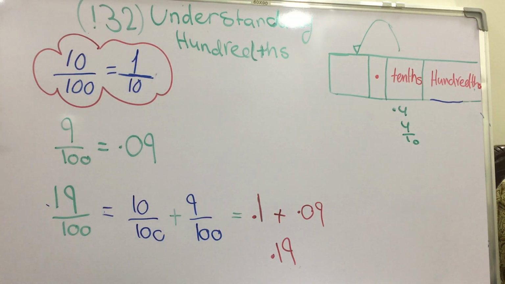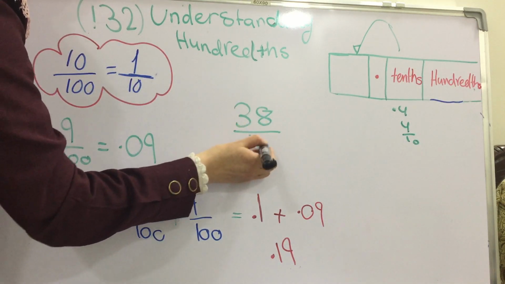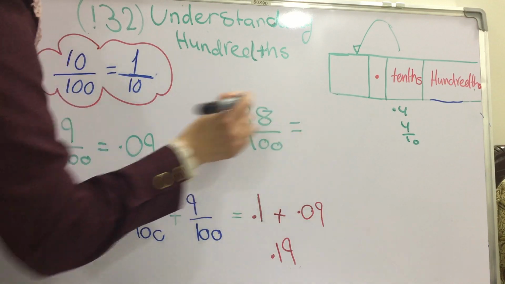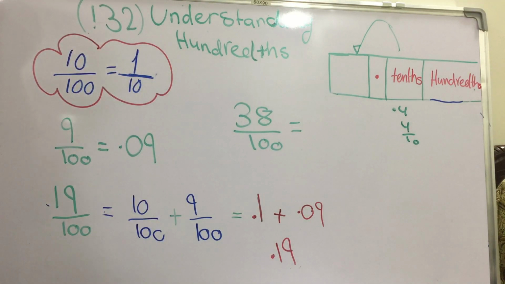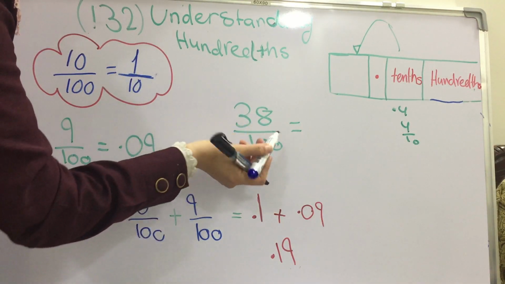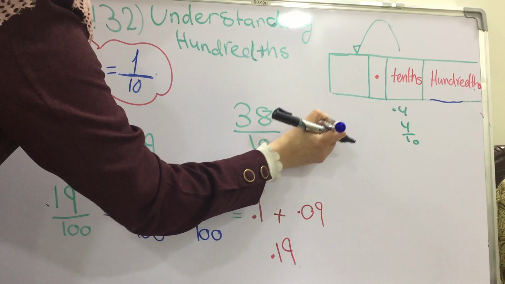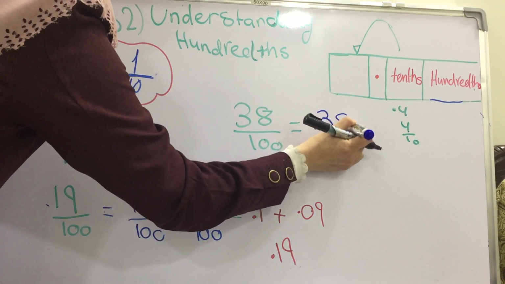I will write another exercise for you over here. Let's write 38 hundredths. In my easy way, I count how many zeros? 1, 2. I write the 0, a point, then 3, then 8.